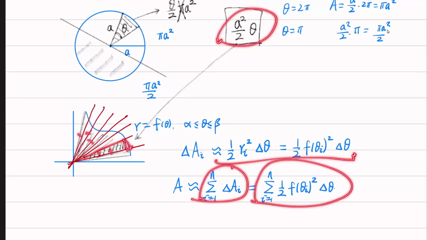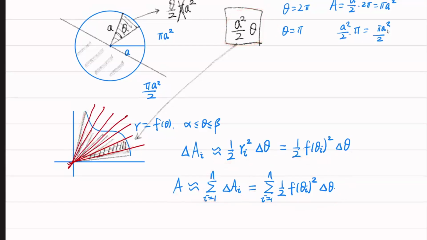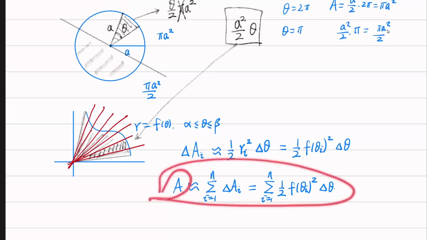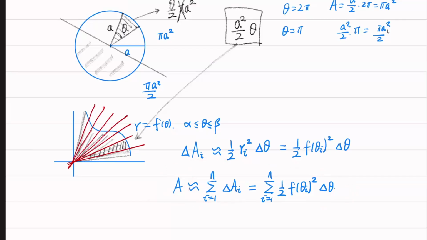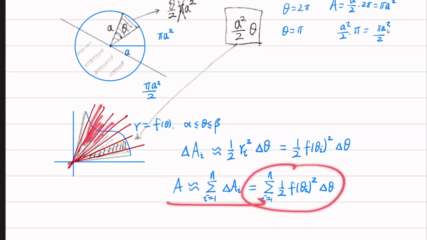What's next? We have an approximation. Where do we go from here? How do we find the exact area? Very simple. When we have the approximation, we make this finer and finer, to get better and better approximations.